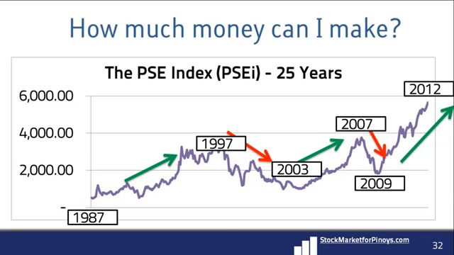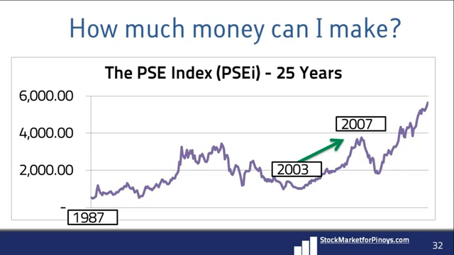Now, what I mean by relative is that during the periods when the PSEI is going up, like from 2003 to 2007, you should be making money. Actually, even if you don't know what you're doing, you could still make money. In that period, if you doubled your money, that was very reasonable and easy to do.